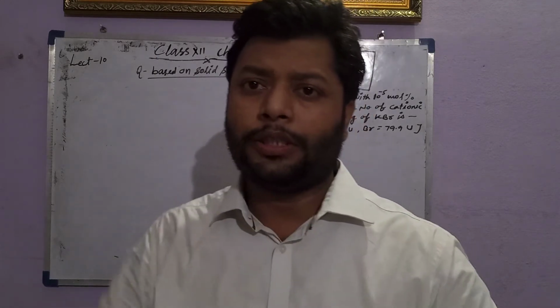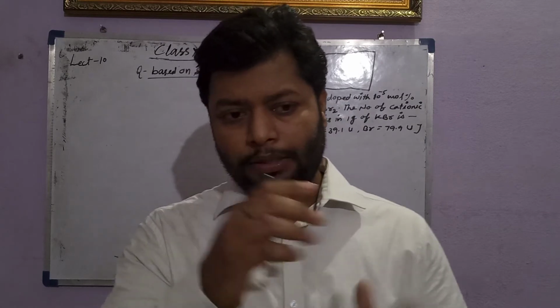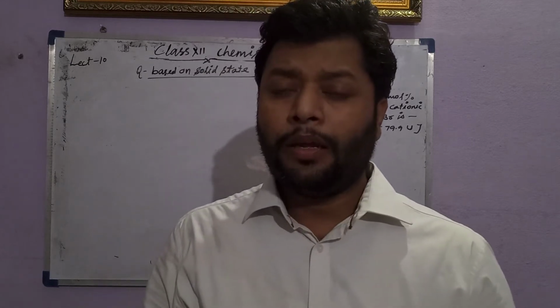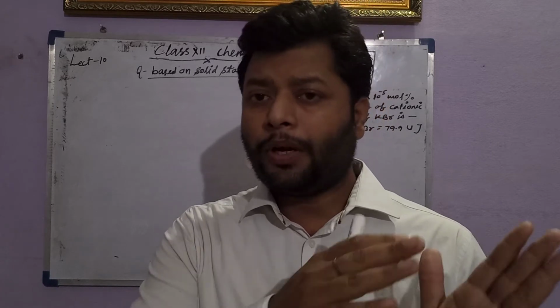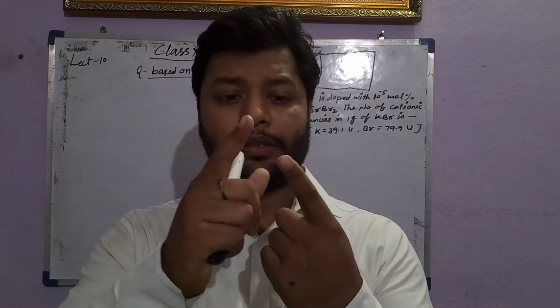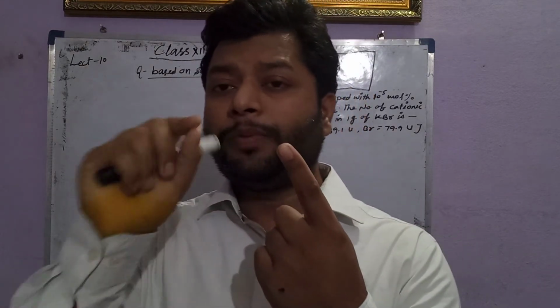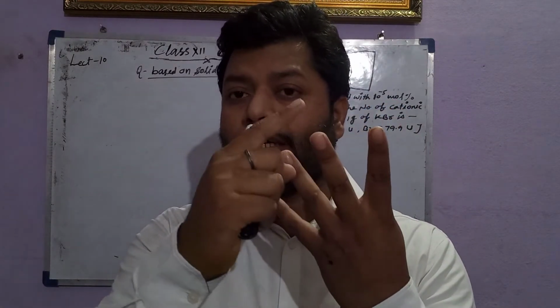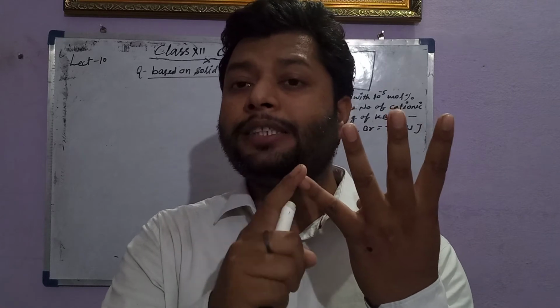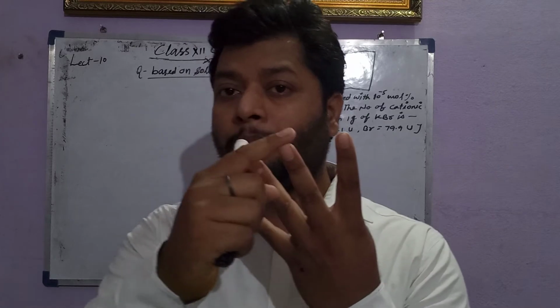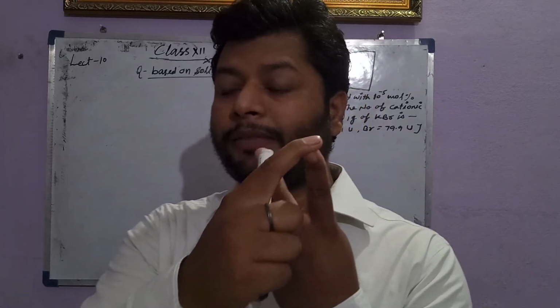Before starting the numerical concept, let us revise some of the important topics of the same chapter. First, from the whole chapter you have to learn the different types of cubic unit cell: SCC, BCC, FCC, that is, face centered cubic unit cell, body centered cubic unit cell, and simple cubic unit cell.